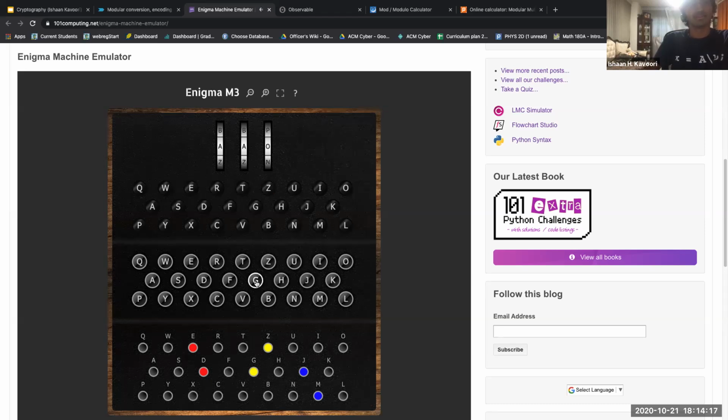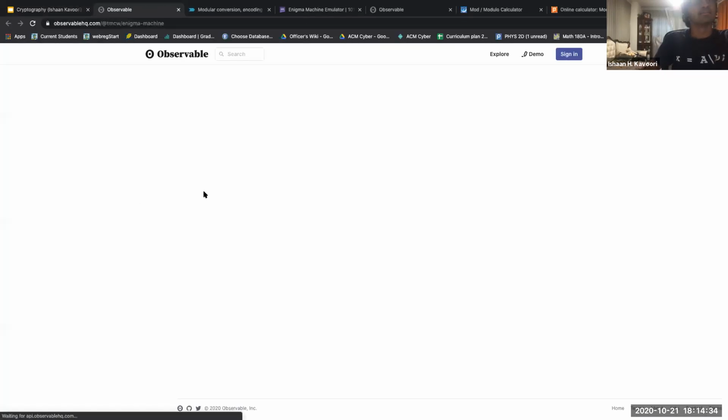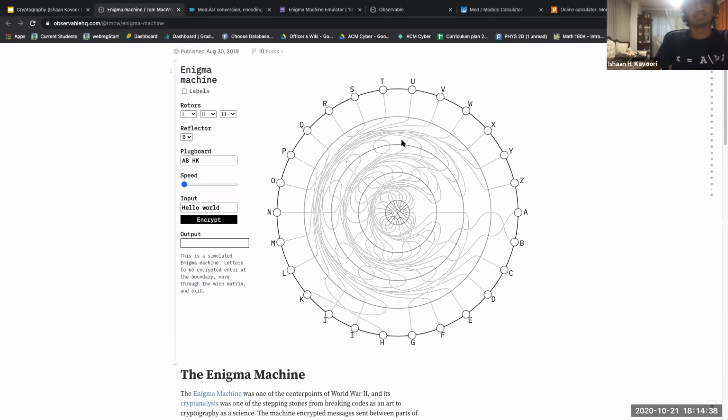So every time you hit a key, you'd get a different one out. And that's part of what made this so hard to decrypt. There is actually another one here. Let's open it, where you can kind of see all of the connections at once.